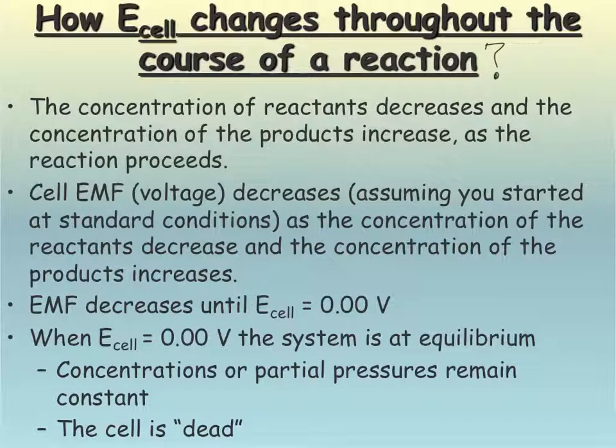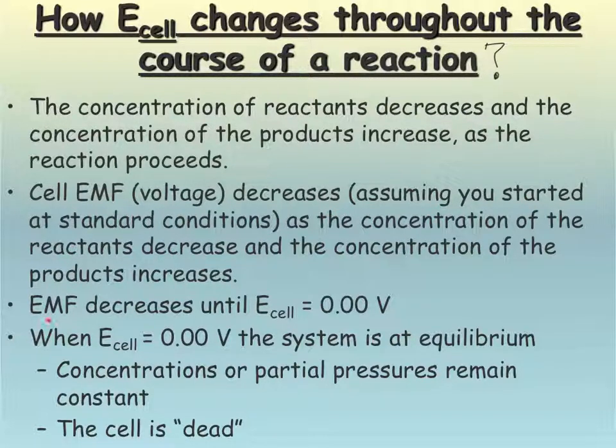All right, so continuing to look at how the Ecell changes throughout the course of a reaction. We already covered that the concentrations of our reactants are decreasing and our products are increasing. That means that our voltage is also decreasing, assuming that we started at standard conditions, obviously.